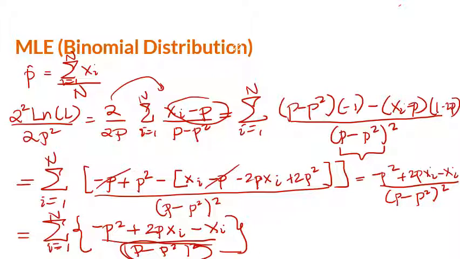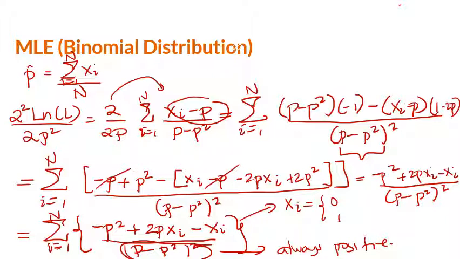So it's always positive. Okay, let's now look at our numerator. So, ang values natin ng x_i, dalawa. So, ang x sub i natin is either 0 or 1. So, in the case na 0 yung x sub i, so yung numerator natin would become negative p squared. So, negative of p squared is a negative value.